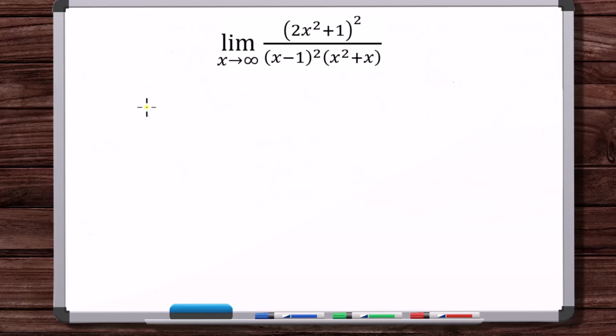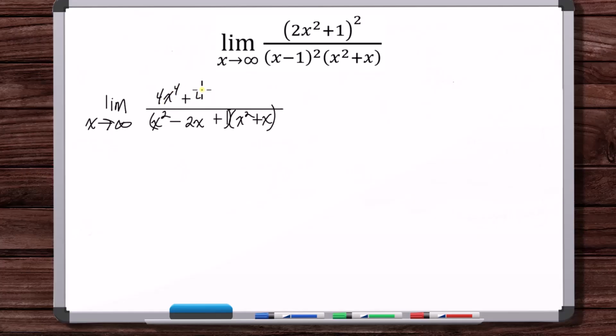So it might be easier to just go ahead and expand this out. So you've got, let's see, x squared minus 2x plus 1, then x squared plus x, then 4x to the 4th plus 2x squared plus 2x squared.